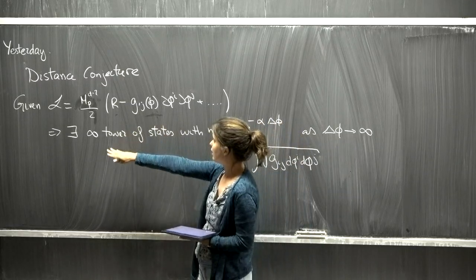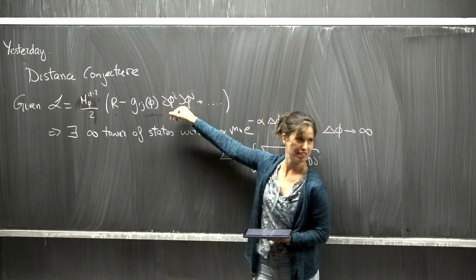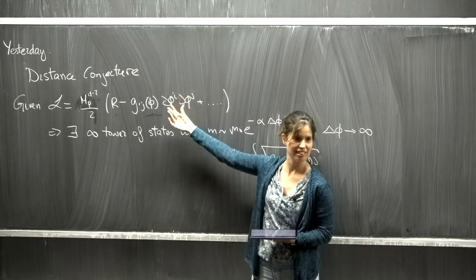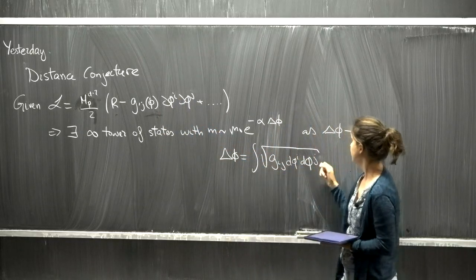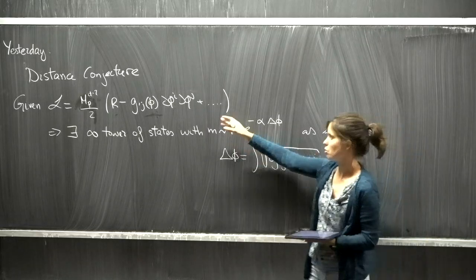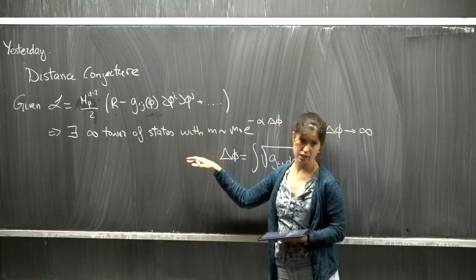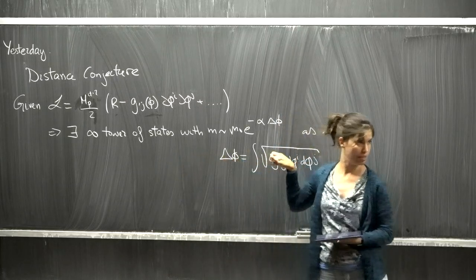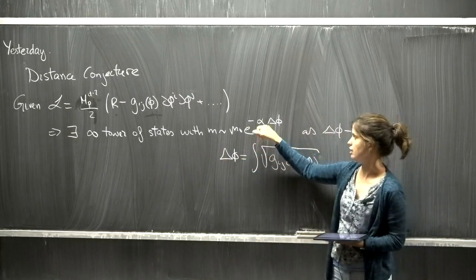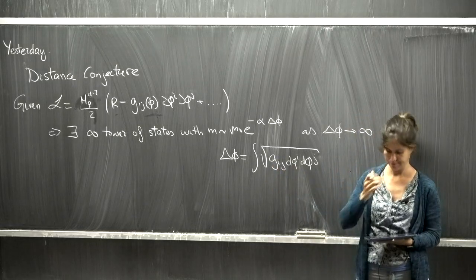The message is that if the scalar vevs become very large, in the sense that we are approaching an infinite distance singularity in this moduli space, in this scalar manifold, there should be an infinite tower of states whose mass behaves exponentially in terms of that geodesic distance. Okay?